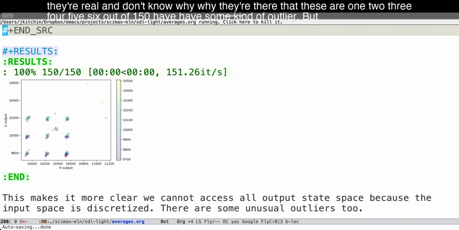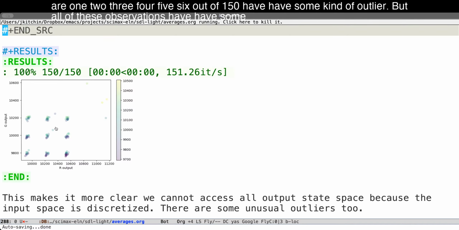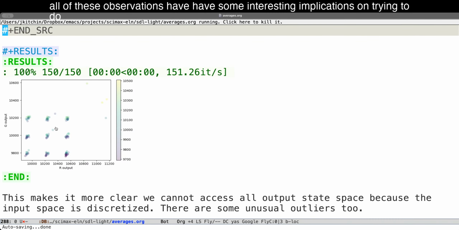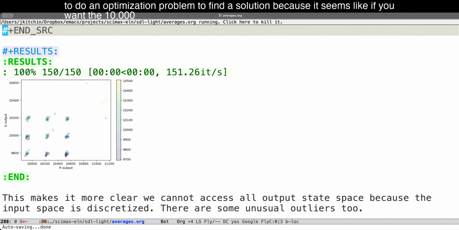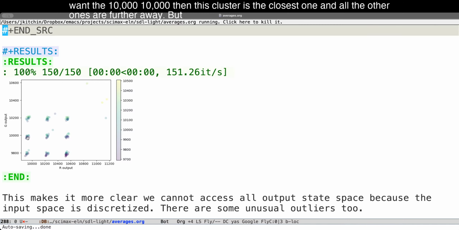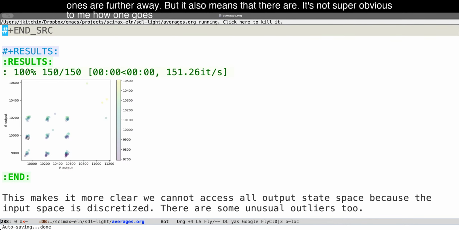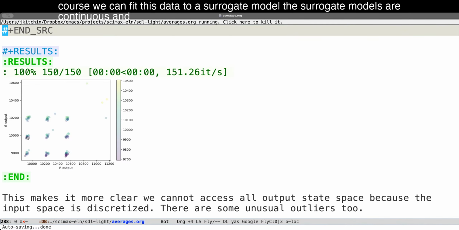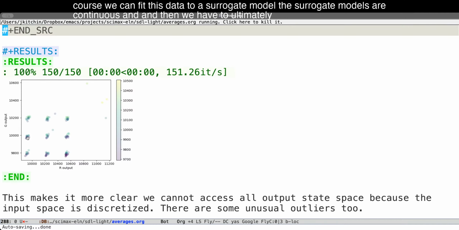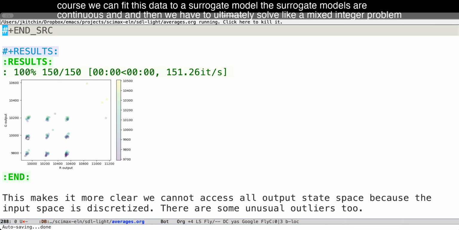But all of these observations have some interesting implications on trying to do an optimization problem to find a solution, because it seems like if you want the 10,000, 10,000, then this cluster is the closest one, and all the other ones are further away. But it also means that it's not super obvious to me how one goes about building a surrogate model. Of course, we can fit this data to a surrogate model, but surrogate models are continuous, and then we have to ultimately solve like a mixed integer problem for any optimization here.